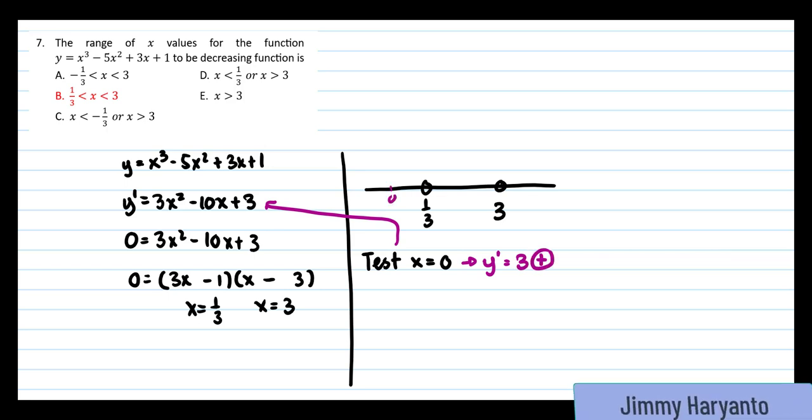That means 0 is right here. The region above the 0 will be positive, this region will be negative, and this one will be positive. The question wants us to find the decreasing interval, so we take the negative sign, this one, and the answer is B. That is for number 7.